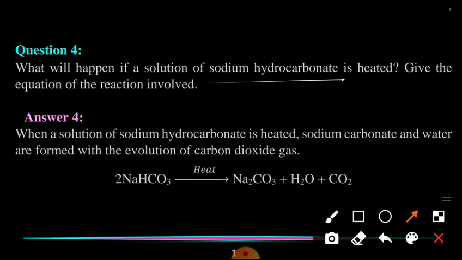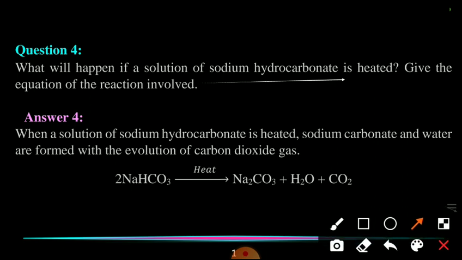So here when we are using sodium hydrogen carbonate in some of the dishes during cooking, it is going to be heated, and there is the formation of sodium carbonate Na2CO3, water and carbon dioxide gas, and this is used for various household purposes and especially for cooking.